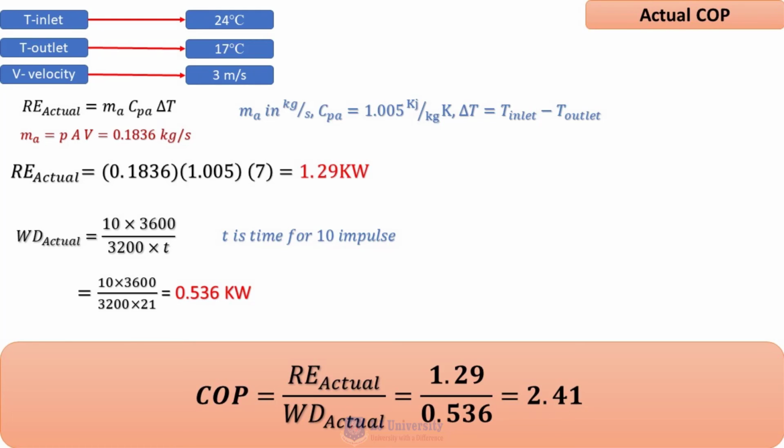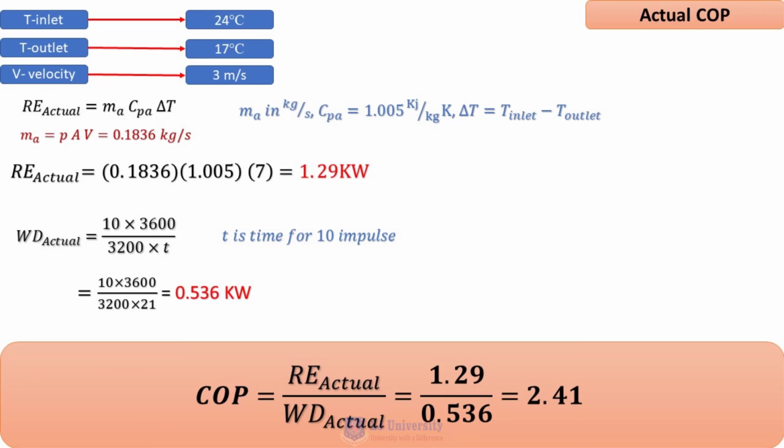Here m is the flow rate of the air, which we get from rho A V: density times the area of the duct times the velocity of the air, giving the flow rate in kg per second. Cp is the specific heat of air, 1.005 kilojoule per kg Kelvin, and delta T is the temperature difference between the inlet air and the outlet air.